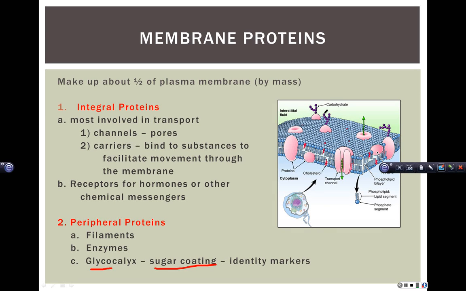The glyco, the sugary part, is the little purple antenna sticking out, and then it's stuck to a protein. So it's like a sugar on top of a protein. But these are those little markers or little flags, the little identity markers of your body, identifying its own cells, which is a very important part of the immune system.